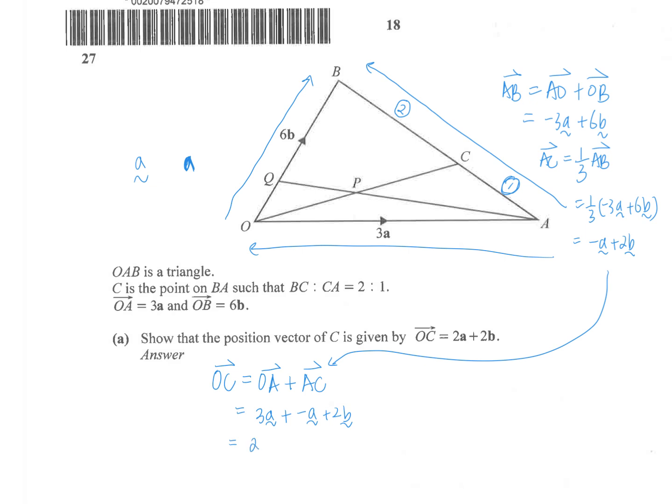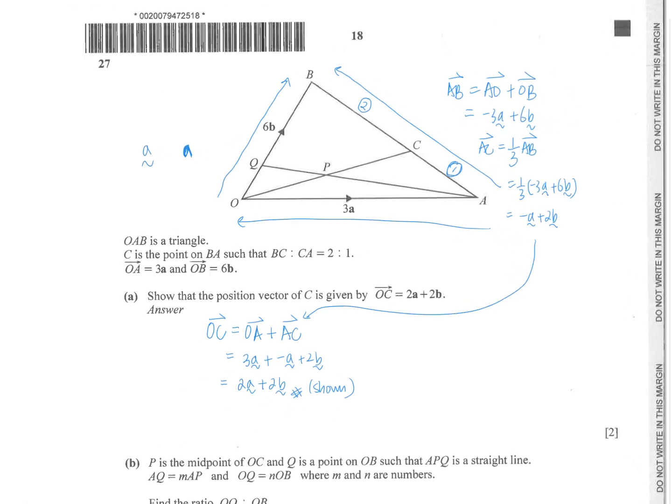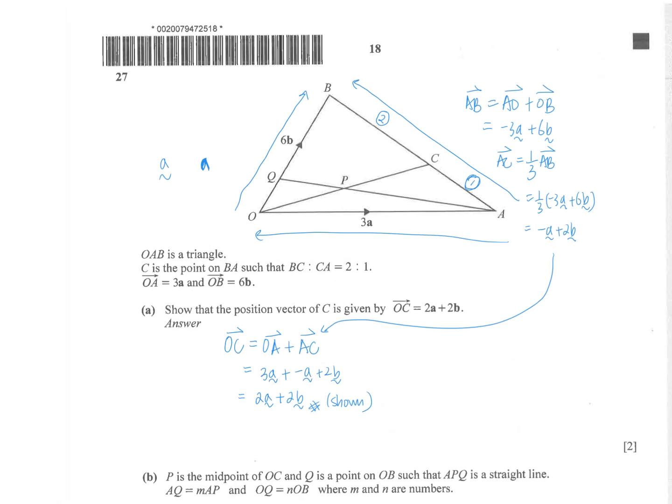So final answer, shown. So position vector is as good as the coordinate of C. But we want it to be in OC, because it's a vector, it's not algebra. What if you forget to add it? Then they might deduct 1 mark, because you are using algebra, not vectors.